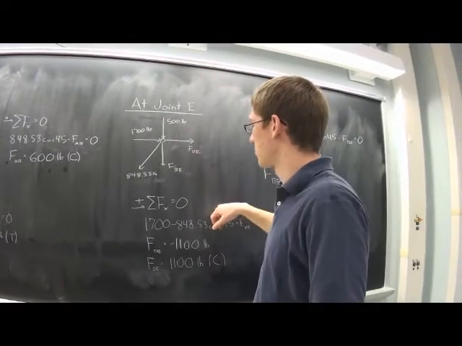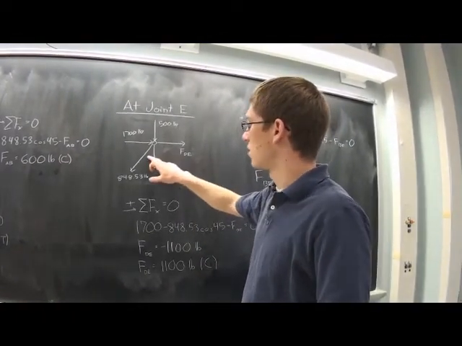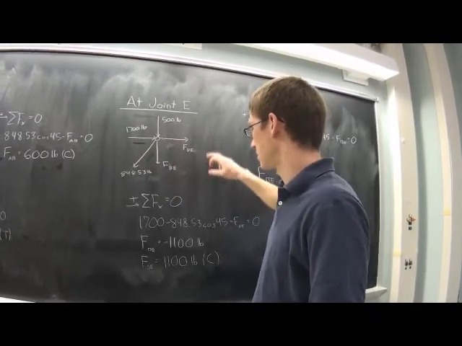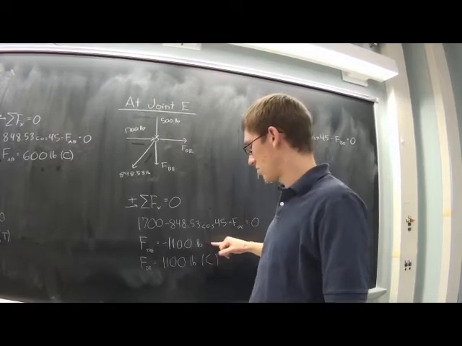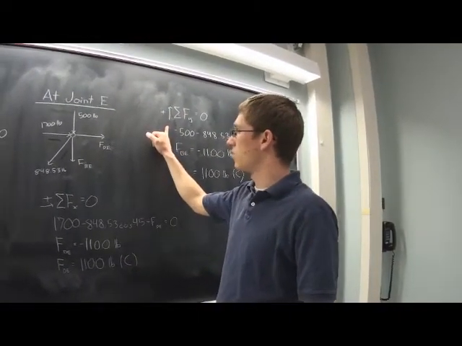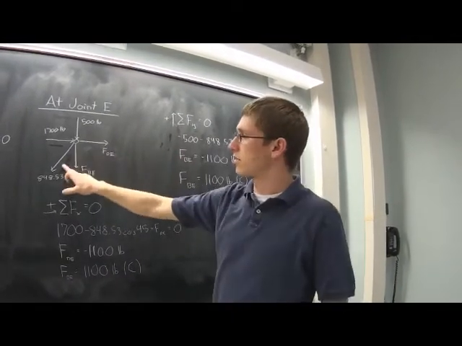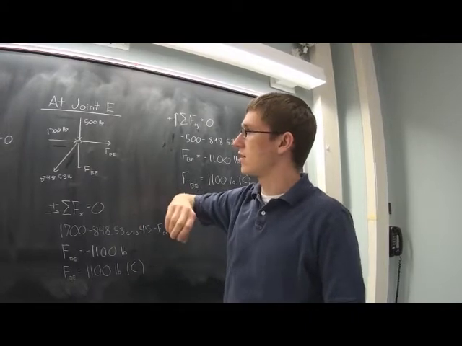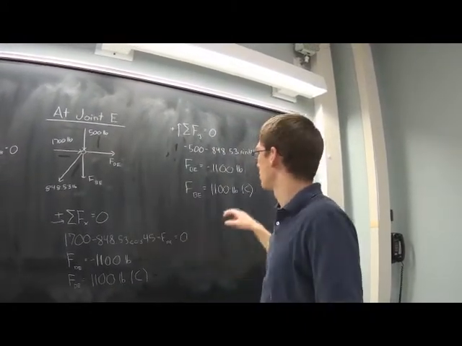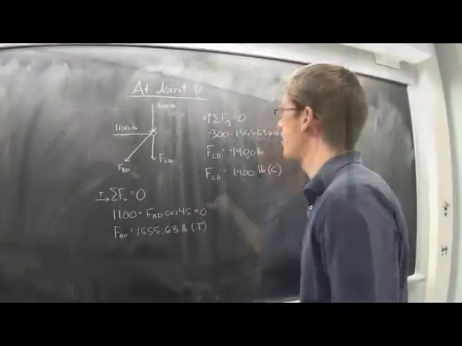By inspection, just summing the forces in the x, the x component of the 848 plus the 1,700 pounds gives you FDE, which is 1,100 pounds in compression. And then with the forces in the y, taking the y component of FAE and the y component coming in will give you FBE, which is 1,100 pounds in compression.